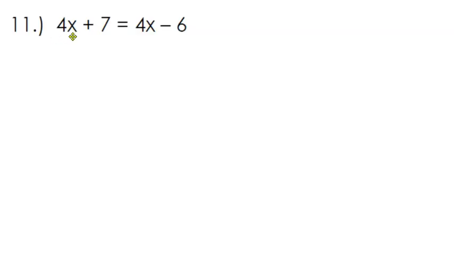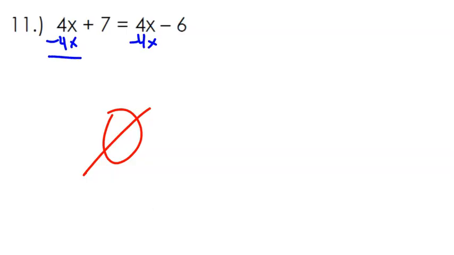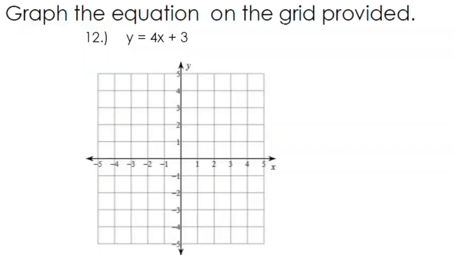Let's see, number 11. I already know the answer here. I have matching variable terms, but mismatching constants, so the answer is no solution. But here's the proof. If I subtract 4x from both sides, I get a false statement. Number 12 asks us to graph this equation. So my y-intercept is 3, and my slope is 4/1. Up 4, right 1. Down 4, left 1.